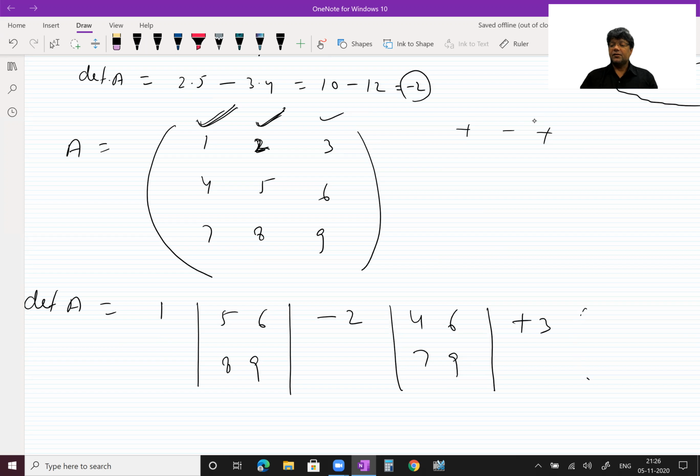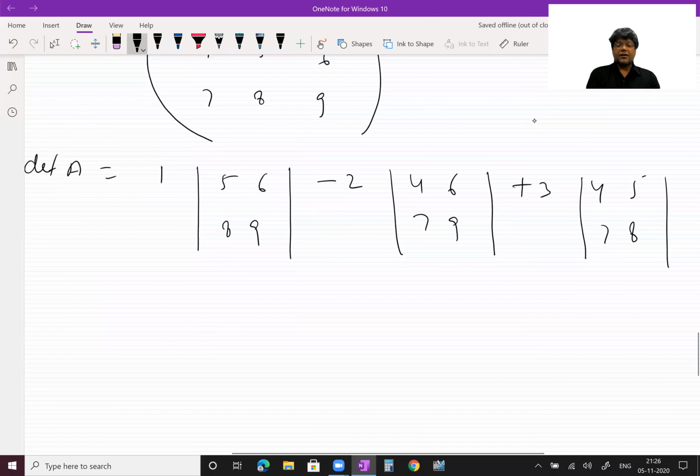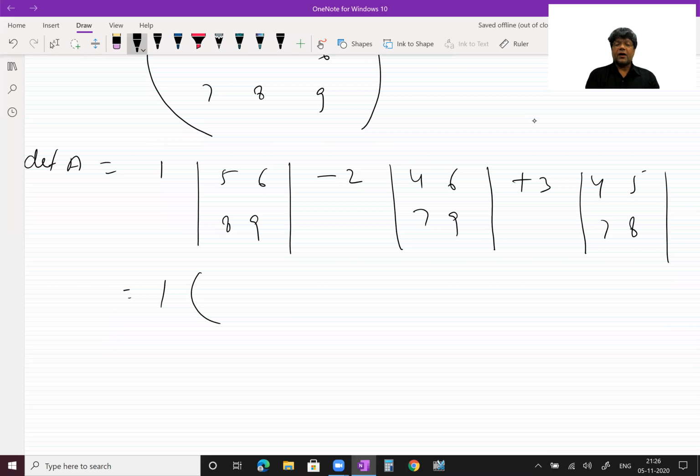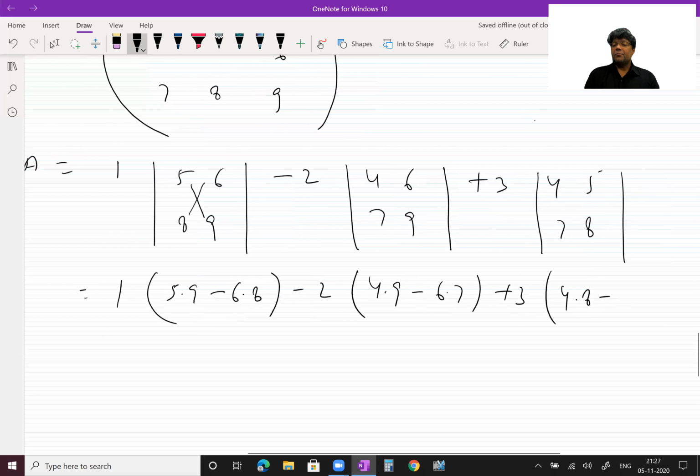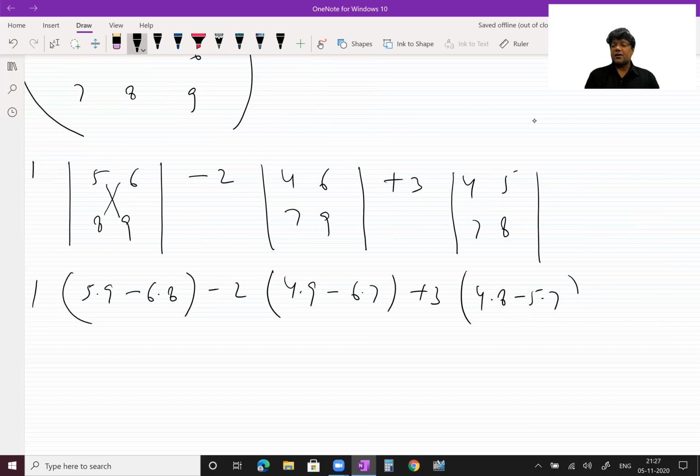Wait guys. 3, and then deleting the row and the column, it will be 4, 5, 7, 8. So that is equal to 1 into, again left then right, 5 into 9 minus 6 into 8, minus 2 into 4 into 9 minus 6 into 7, plus 3 into 4 into 8 minus 5 into 7.